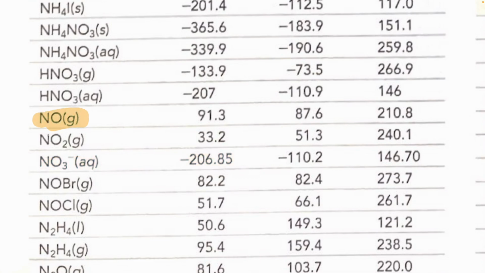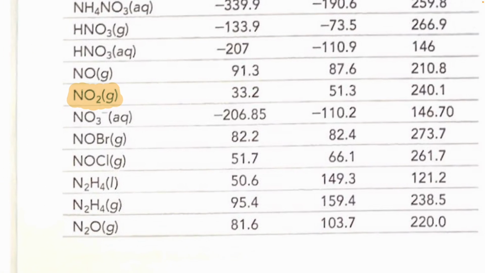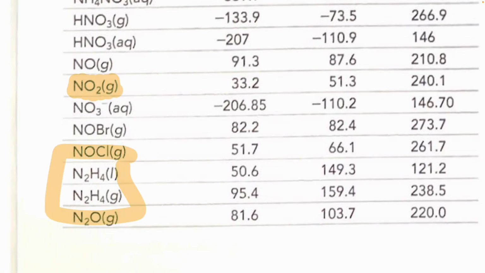It's not NO, it's not nitrogen monoxide, it's this nitrogen dioxide gas. Not only that, and this wasn't a great example, but you see here we have N2H4 liquid, N2H4 gas. Not only are you matching your compound formula, but your state of matter as well. You're looking for an exact match on this table.